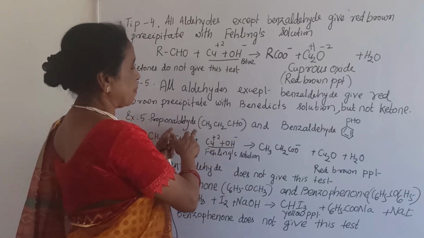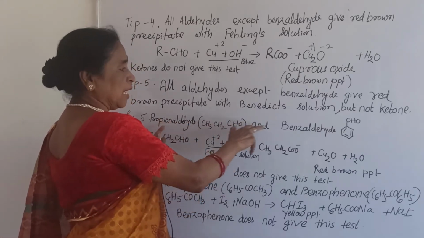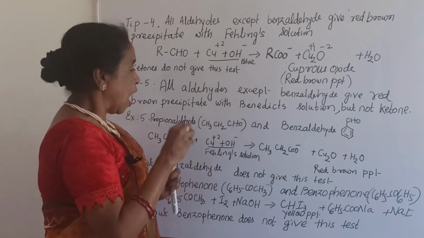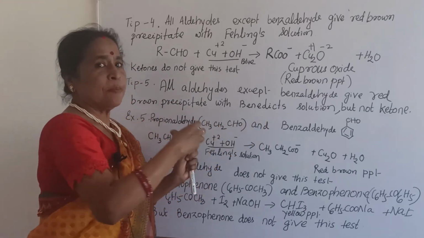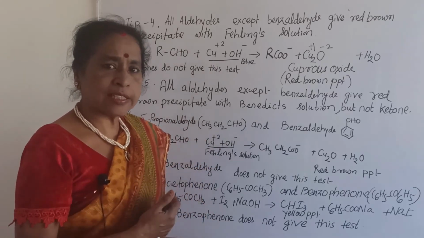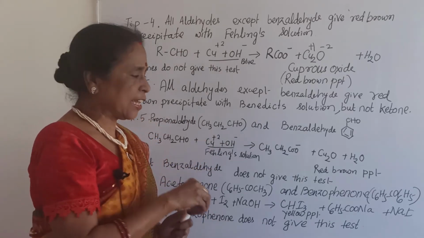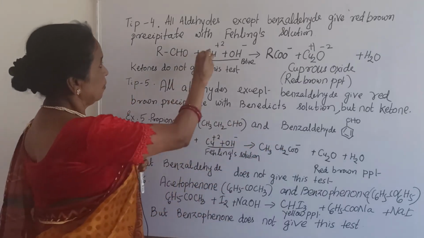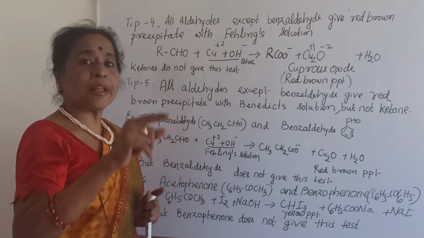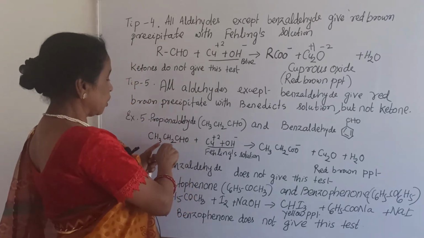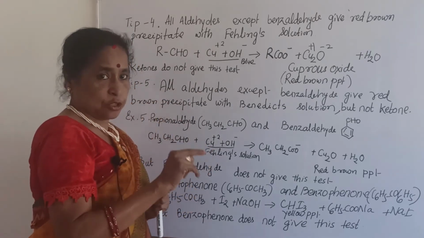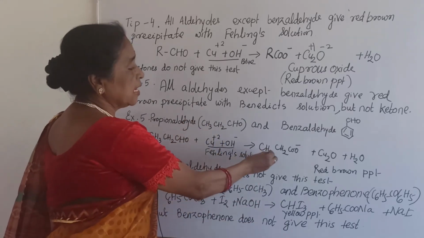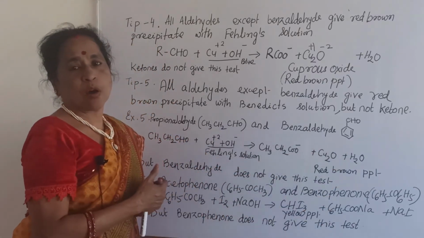But here both aldehydes will react with Tollens reagent and give silver mirror. But how can I differentiate between the two? Because we can't take Tollens reagent. If we take Tollens reagent, both will give silver mirror test. That is why I have to take Fehling solution or Benedict solution. Now Fehling solution contains Cu2+ ion, when heated with propionaldehyde, it gives Cu2O red brown precipitate.